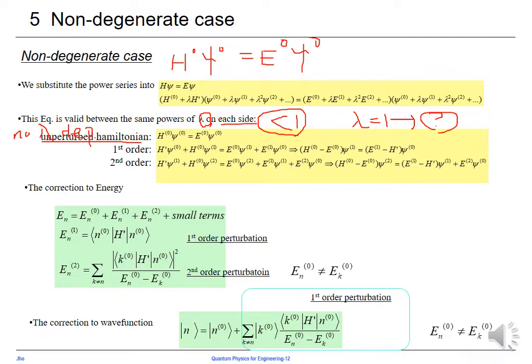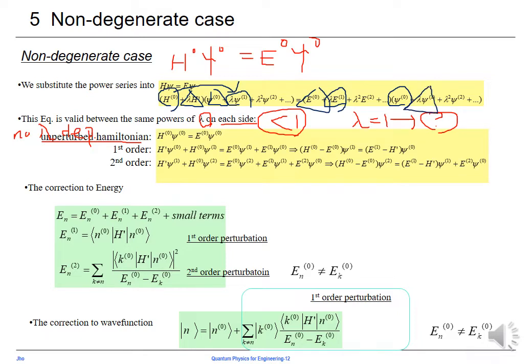Likewise, for first order you can consider this one multiplied by this one, right? And this one multiplied by this one. On the right hand side, this one multiplied by this one, and this one multiplied by this one. Then you have first order.